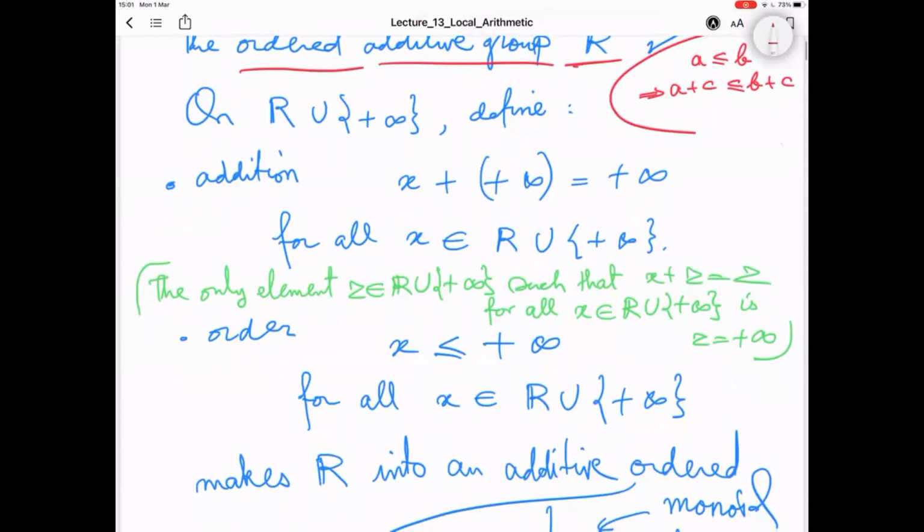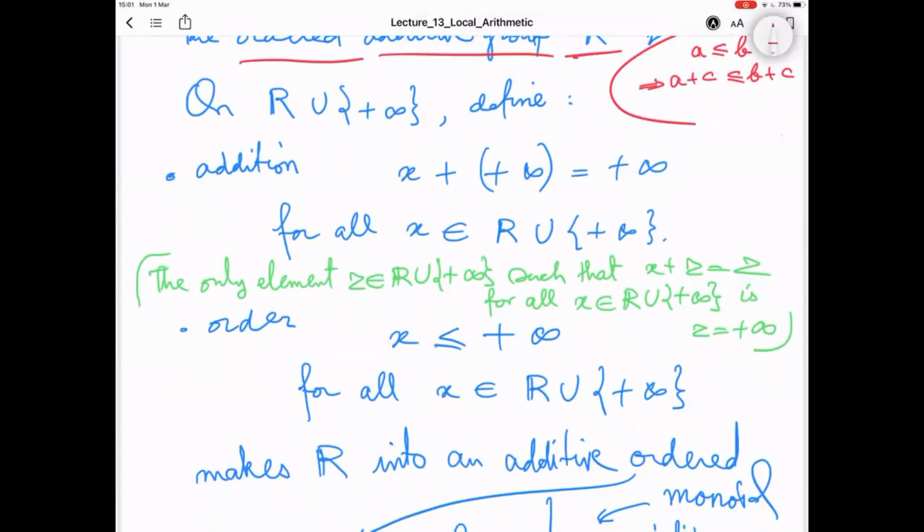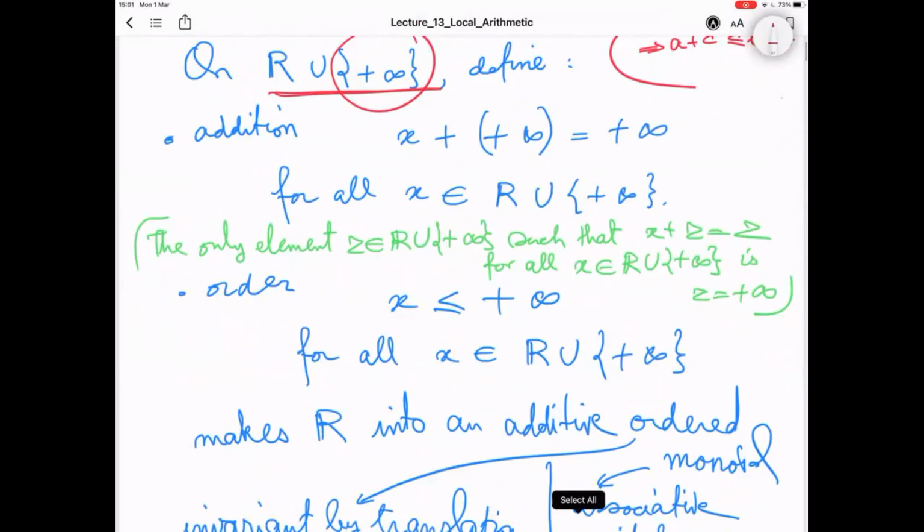So from this ordered group, I get an ordered monoid, R union plus infinity. So I just choose some element which I call plus infinity. I adjoin it to the group R, and I extend the addition on the group R to this new set.